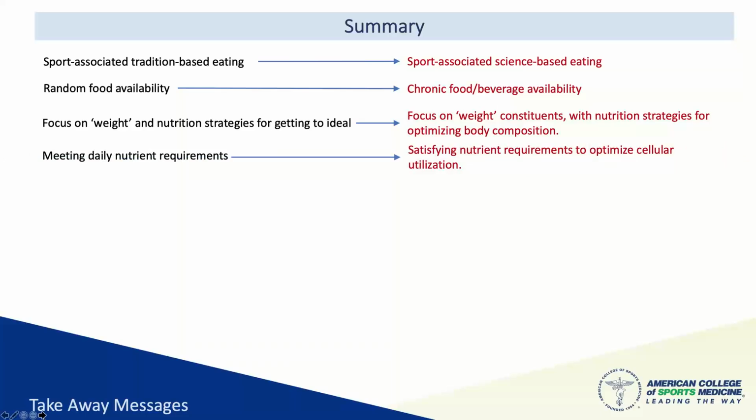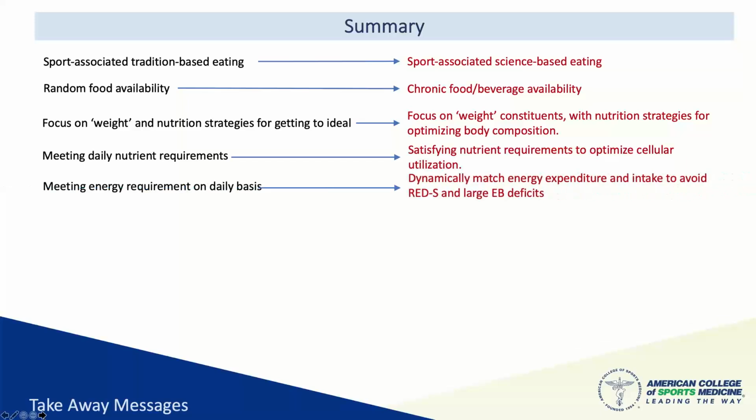Meeting daily nutrient requirements needs to change to meeting real-time nutrient requirements to optimize cellular utilization. Meeting energy requirements on a daily basis needs to be changed to dynamically satisfying energy requirements to avoid RED-S, relative energy deficiency in sport, and to avoid large energy balance deficits.